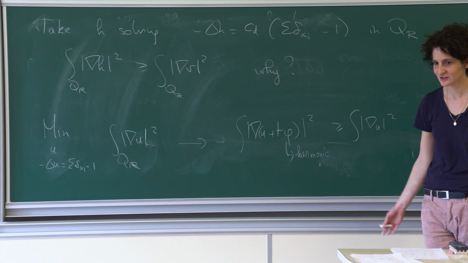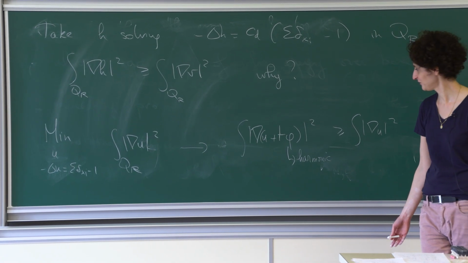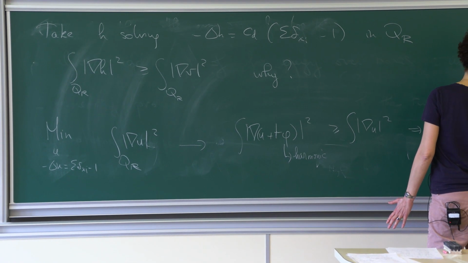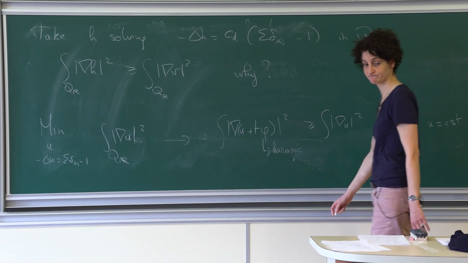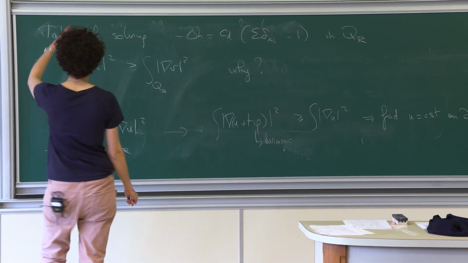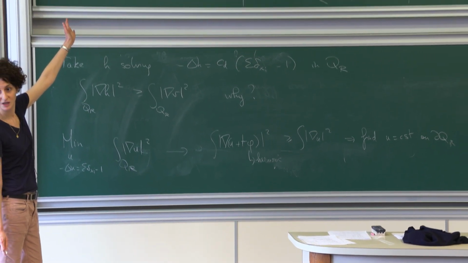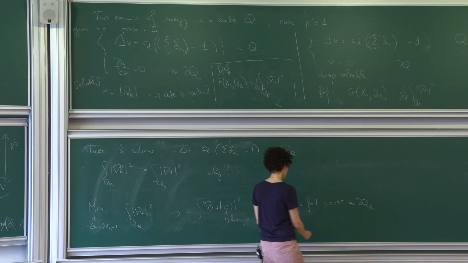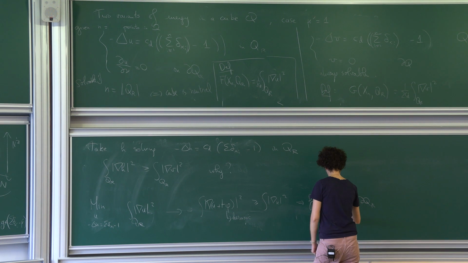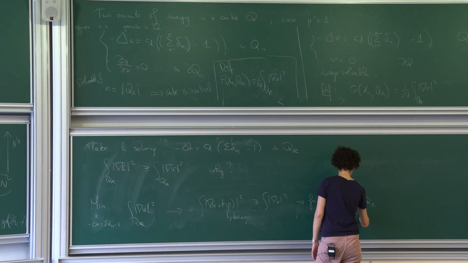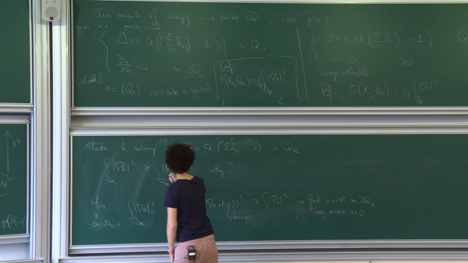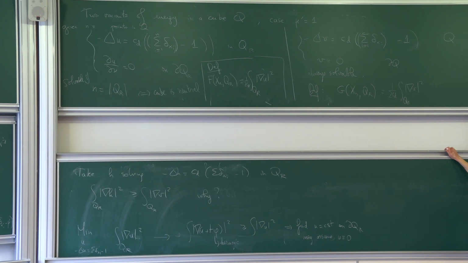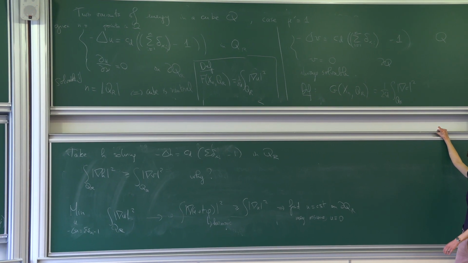Expand in t, do integrations by parts, and you will find that u is constant on the boundary. Okay, but these things are only defined up to constants anyway. I can add a constant, it doesn't change my PDEs, so I might as well assume that u is 0. The energy doesn't change if I subtract. So this one is the one with minimal energy, given the right-hand side. That's just elementary PDE.